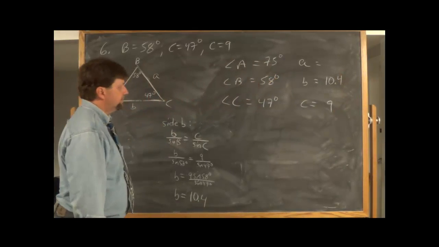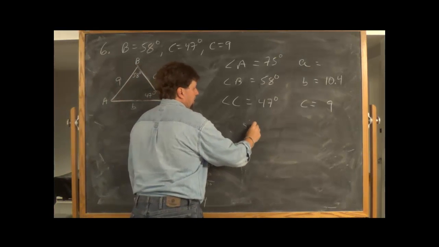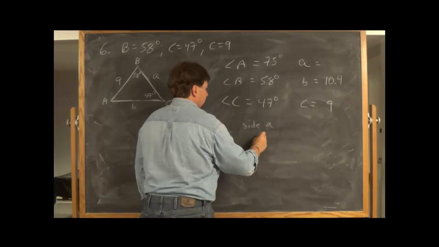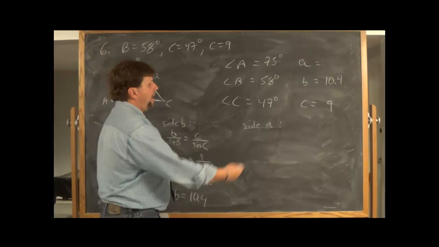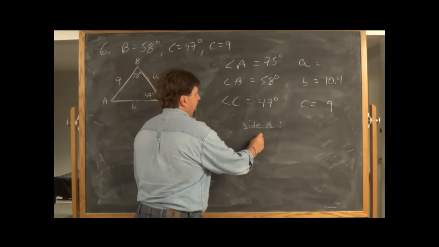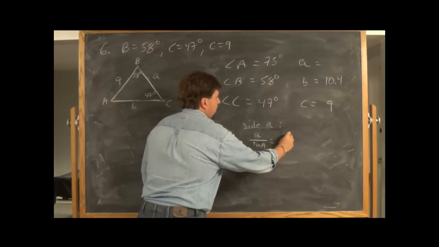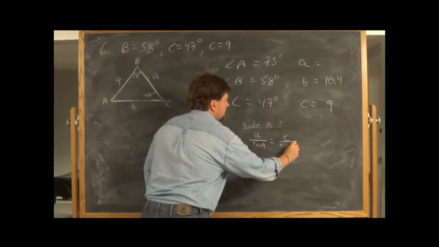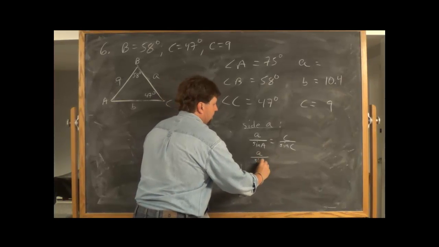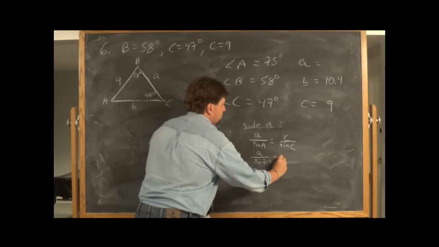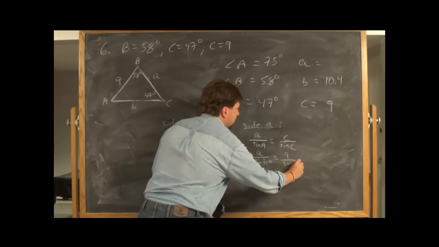So B is 10.4. All that's left is finding the length of side A, and I use the law of sines again. Here I would write down A over the sine of A equals C over the sine of C. So I'd have A over the sine of 75 degrees equals 9 over the sine of 47 degrees.